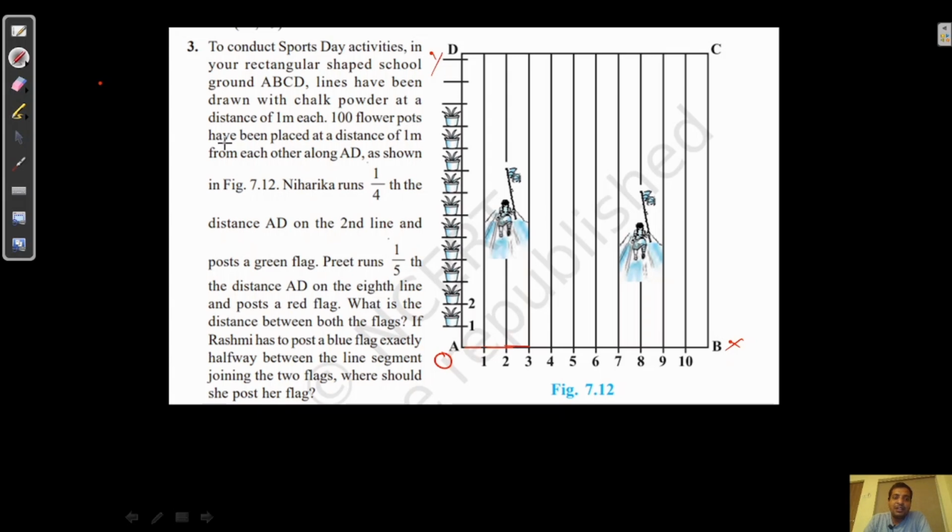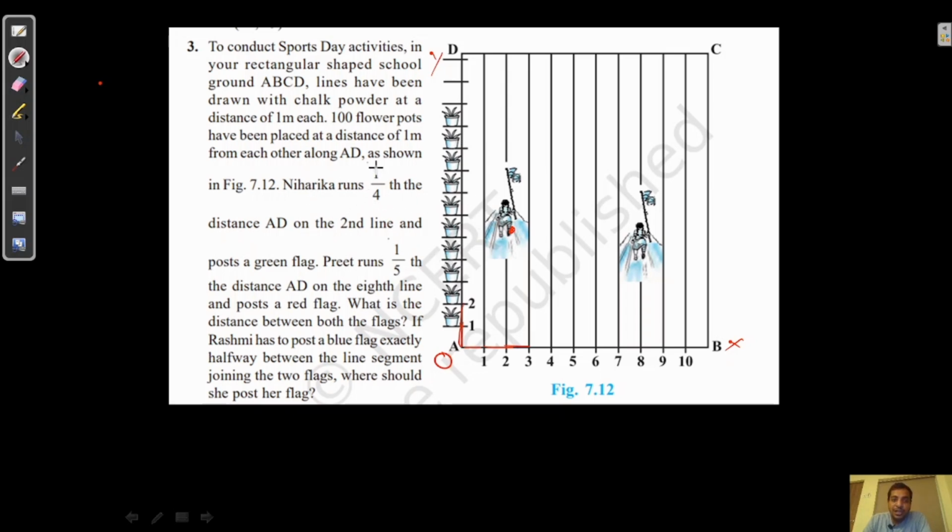100 flower pots have been placed at a distance of 1 meter. Similarly, they are placing flower pots. This is 1 meter, this is also 1 meter, like that they have told. Okay, from each other along AD. As shown in figure, Niharika runs 1/4 distance of AD. Let us say this is Niharika. So how much distance in y-axis has she covered?